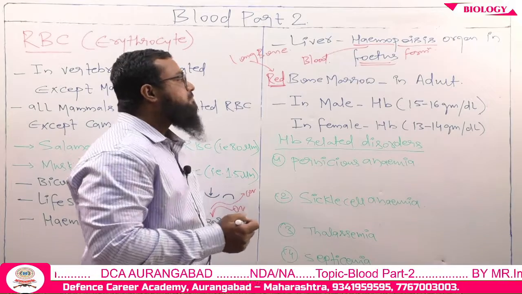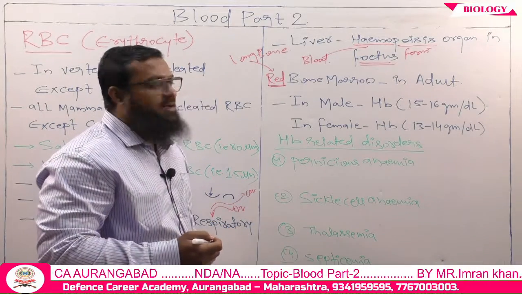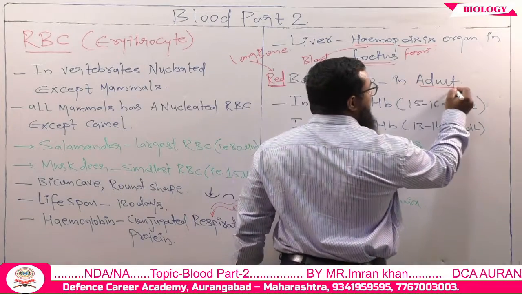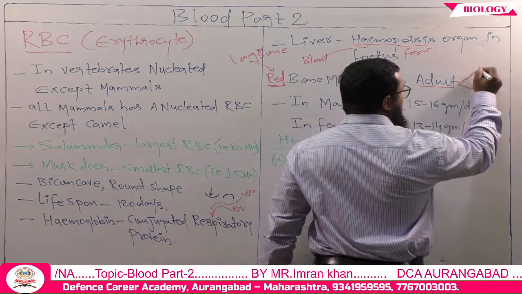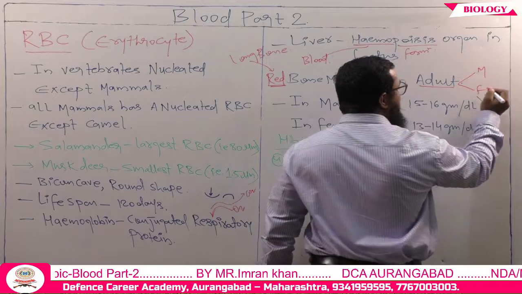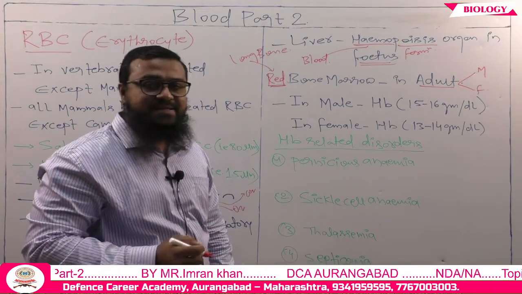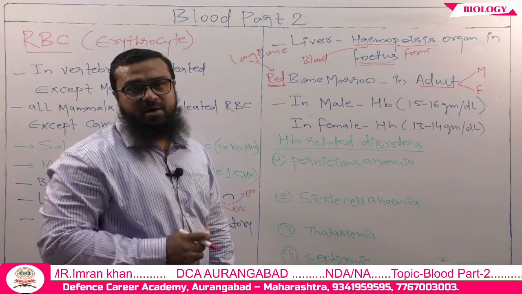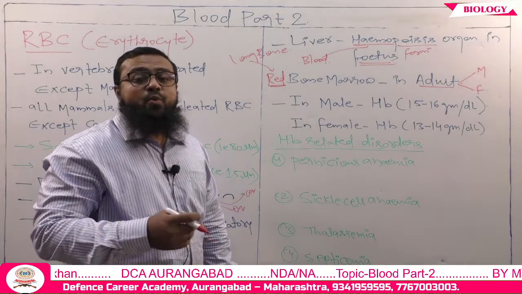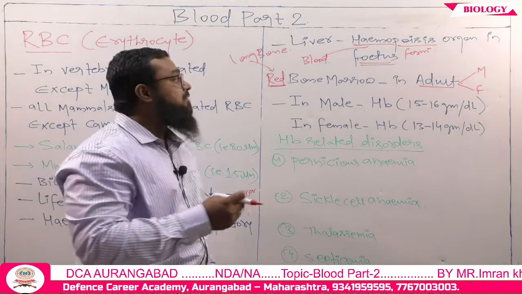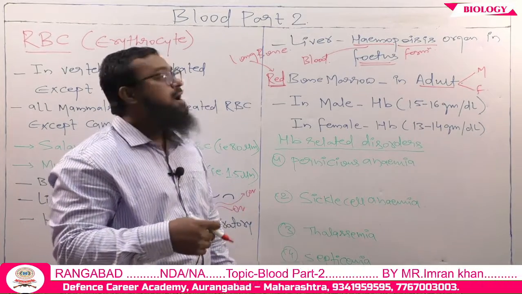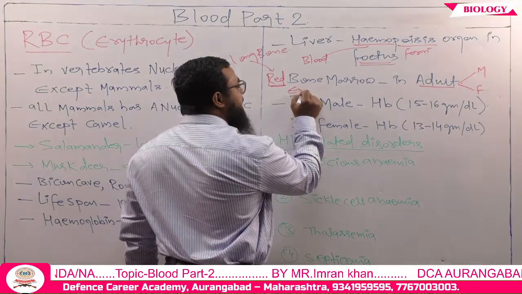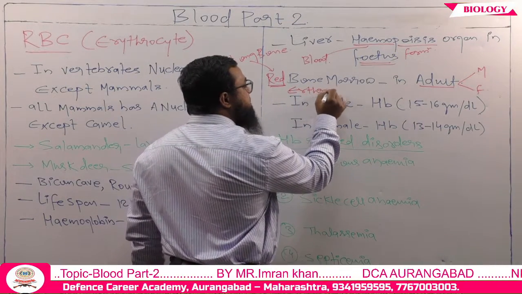Red bone marrow is the hemopoietic organ in adults, both male and female. Which cells are responsible for making RBCs? The process is called erythropoiesis.